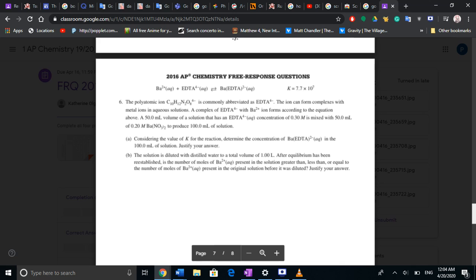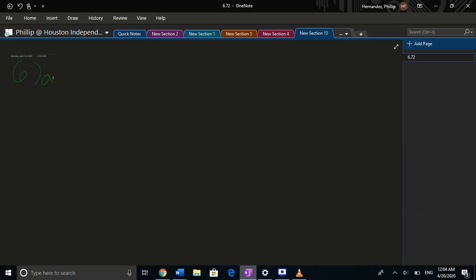EDTA has a molarity of 0.3 and it's mixed with barium nitrate, which has a molarity of 0.2 molar, and it's to produce 100 milliliters of solution. So here's what we're going to end up doing.